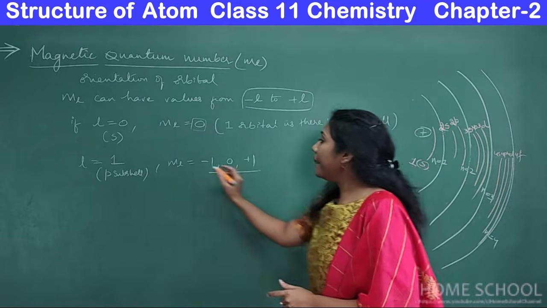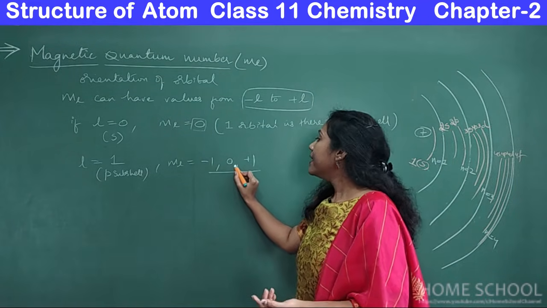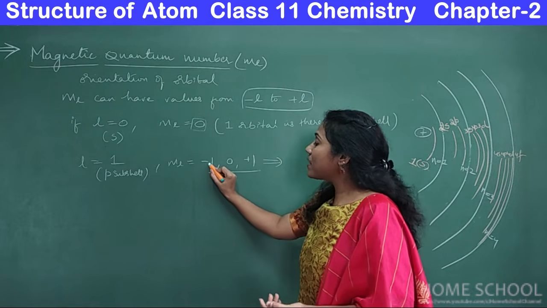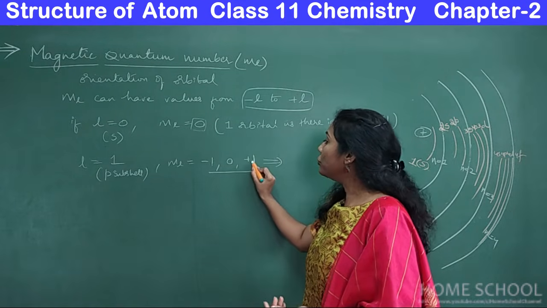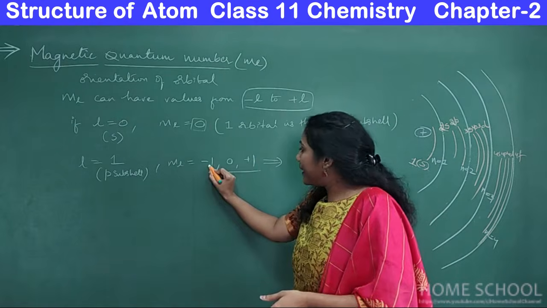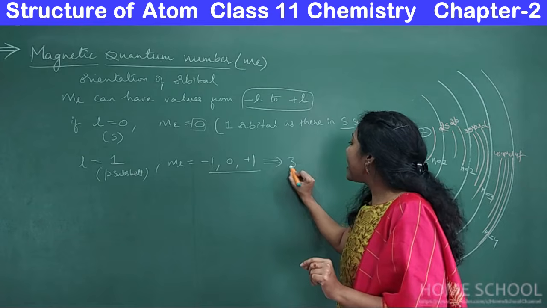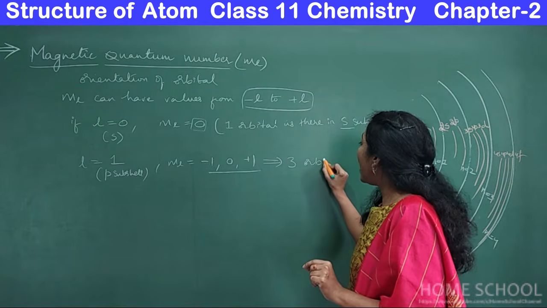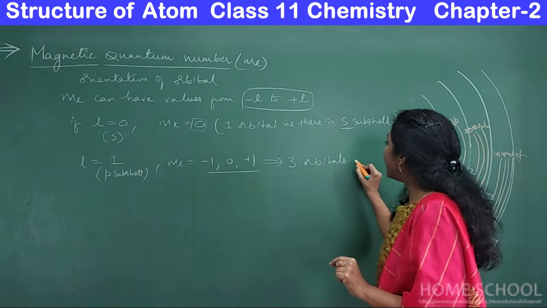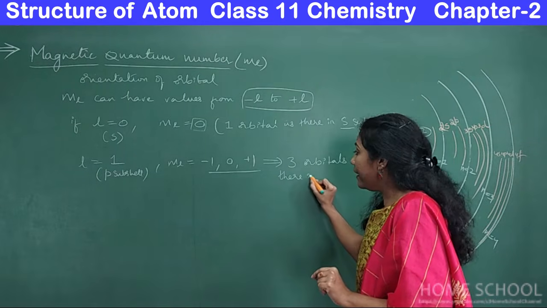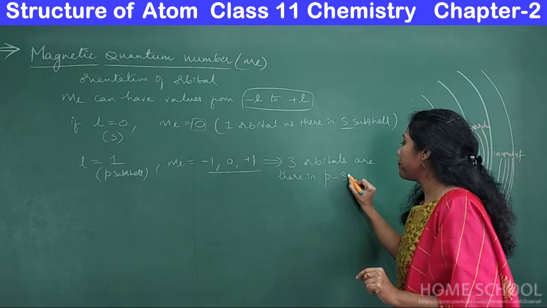So what are the ml values? Minus 1, 0, plus 1. That means how many values are there? 1, 2, 3. It means that 3 orbitals are there in the p subshell.